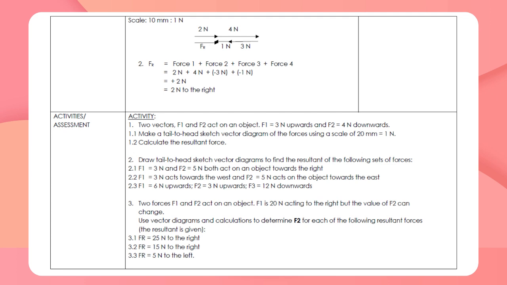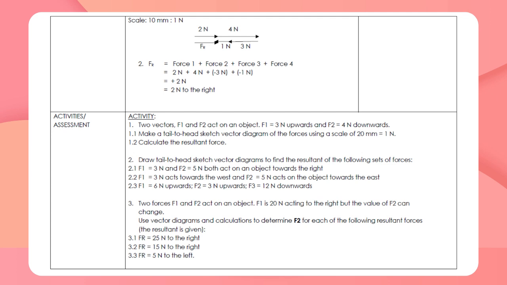Draw tail-to-head sketch vector diagrams to find the resultant of the following sets of forces. 2.1 F1 equals 3N and F2 equals 5N both act on an object towards the right. 2.2 F1 equals 3N acts towards the west and F2 equals 5N acts on the object towards the east. 2.3 F1 equals 6N upwards, F2 equals 3N upwards, F3 equals 12N downwards.